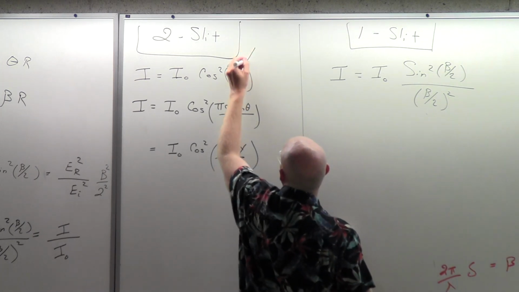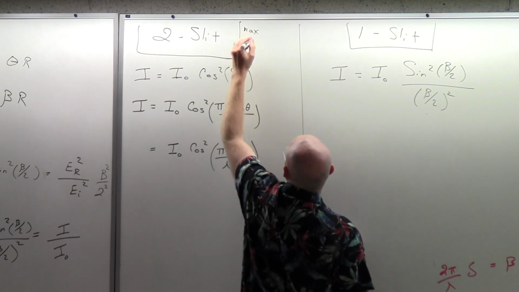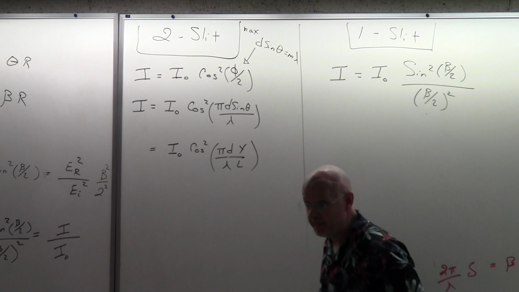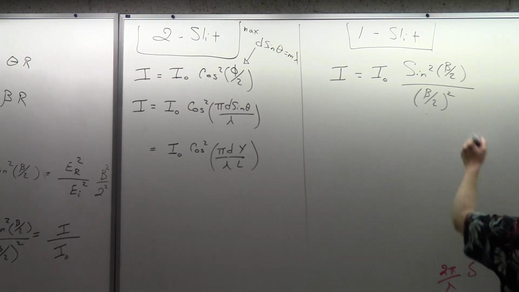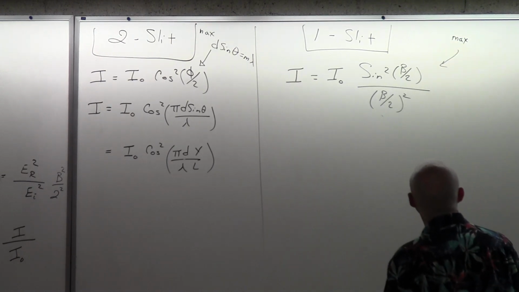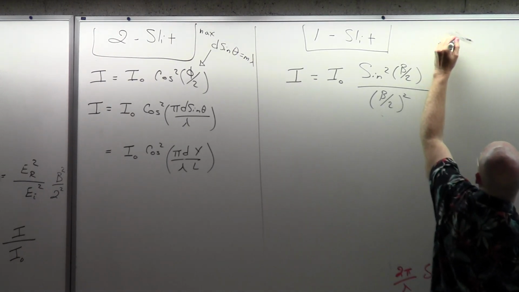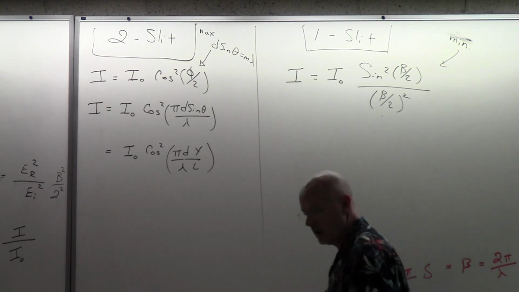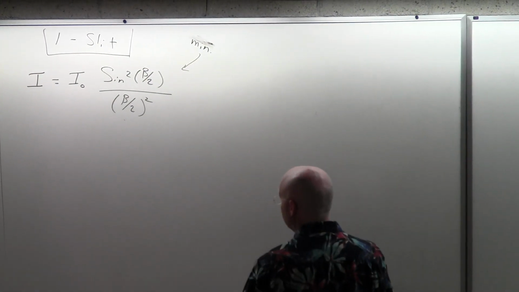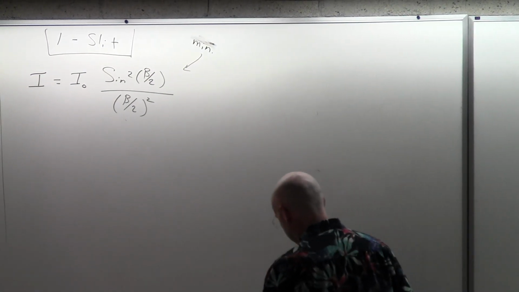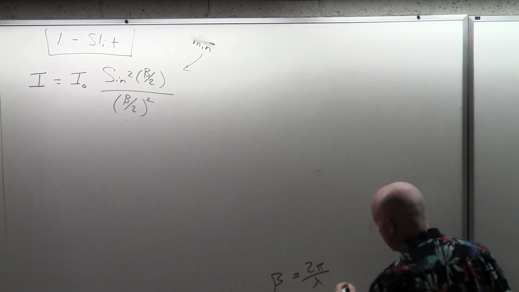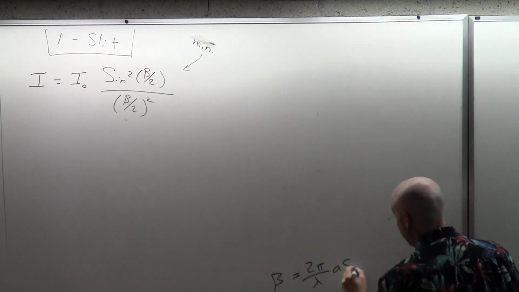The equation to find bright spots for the double slit was d sine theta equals an integer number of wavelengths, right? What was the equation for finding the location of, well, maybe I'll do dark spots for the single slit. Right, a sine theta. Beta equals 2 pi over lambda times a sine theta.